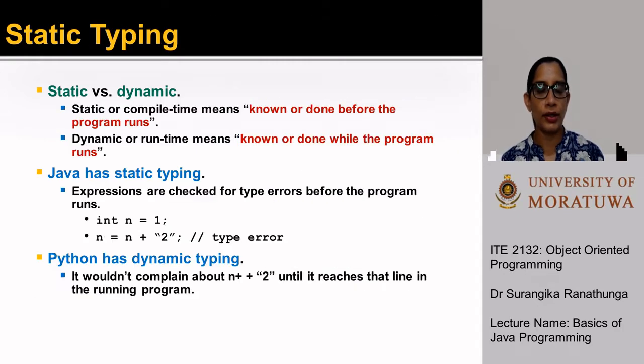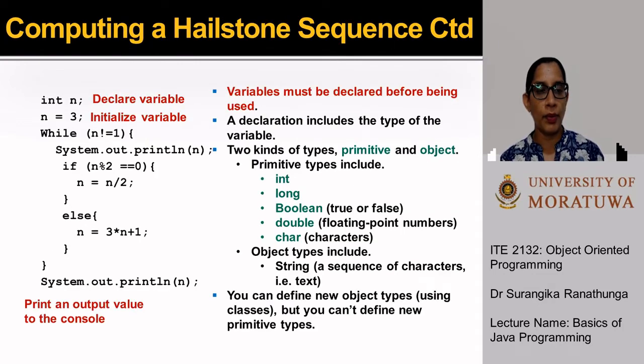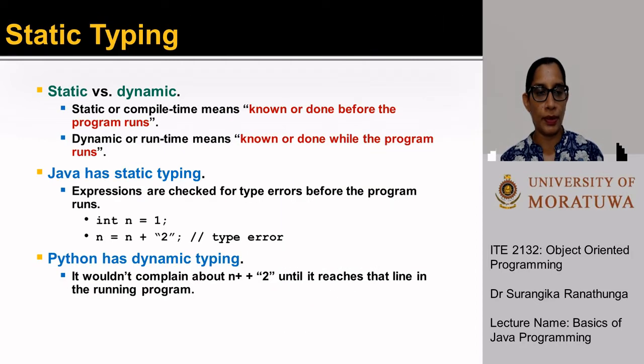Another thing you have to learn about variables is typing. There are two types of typing, static versus dynamic. Static typing, or compile time typing, means the type of the variable should be known before the program runs. For example, in the previous code, the type of the variable n should have been defined. That is called static typing.